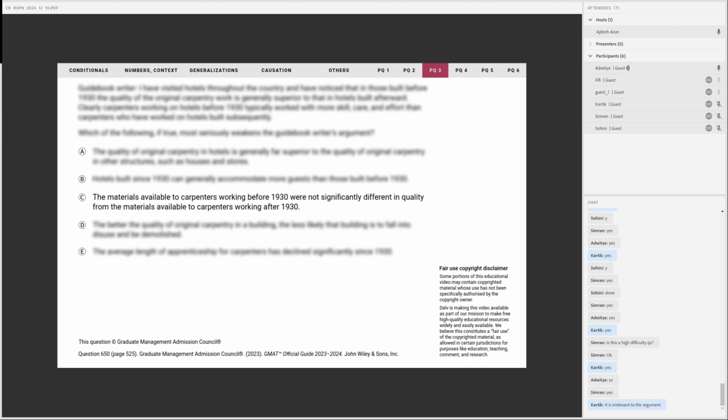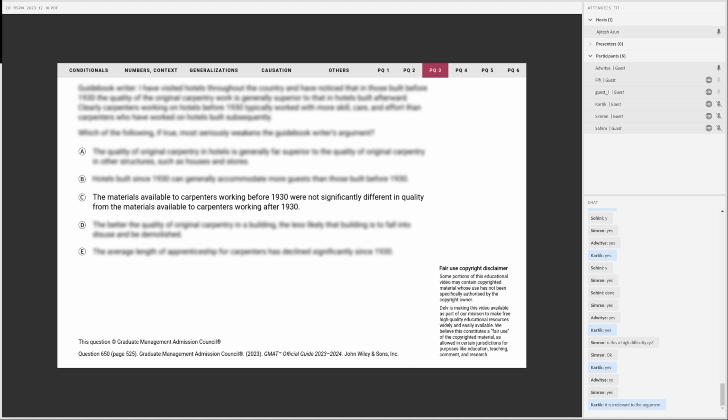Something is different, which we are getting to know from the argument. But this option is basically strengthening it. It is telling that the material is almost constant. So nothing is different. So there might be a skill difference or something else. So this is not weakening the argument.